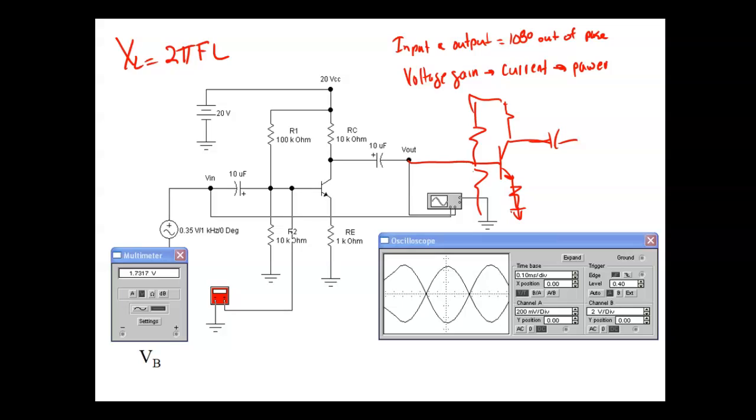So if I'm going to measure X of L, I've got to have something that takes into consideration what? Frequency, which is very hard. So we calculate X of L, right? You'll learn that in AC.